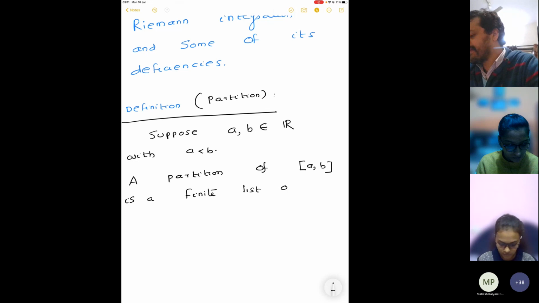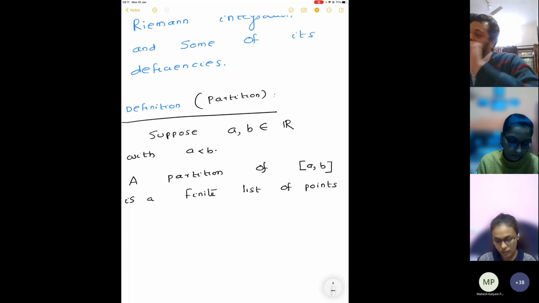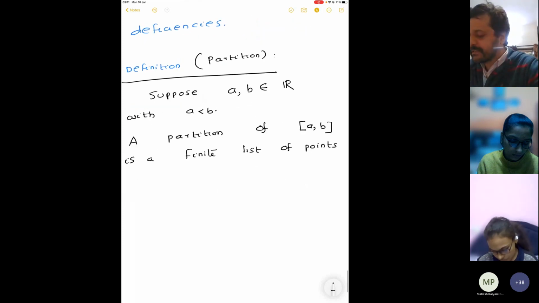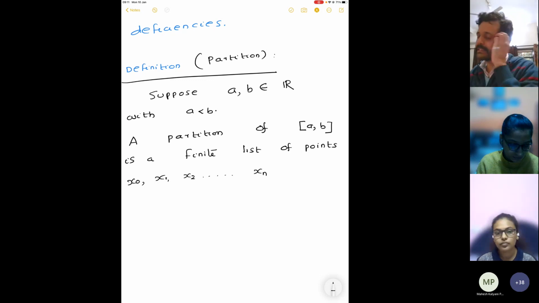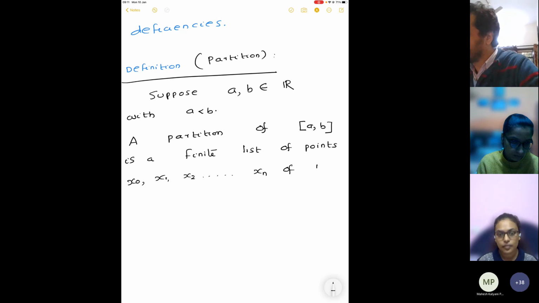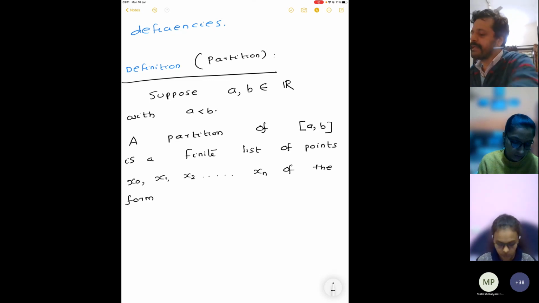A finite list of points, or a finite collection of points: x0, x1, x2, and so on, xn. But there is some condition of the form. First of all, x0 should coincide with a.